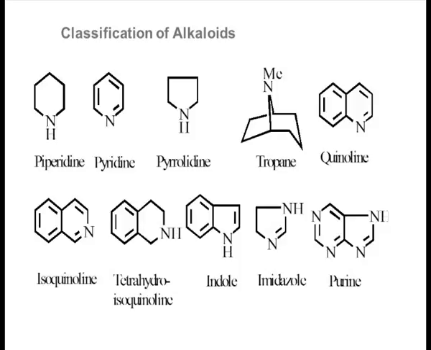In isoquinoline, the nitrogen position is different: in quinoline it was 1, now it is in the 2 position. Tetrahydroisoquinoline means one ring is fully reduced, that means saturated. Indole, the thing I told you already, indole with another indole making indigo with some substituent of the carbonyl group, is nothing but benzopyrrole.